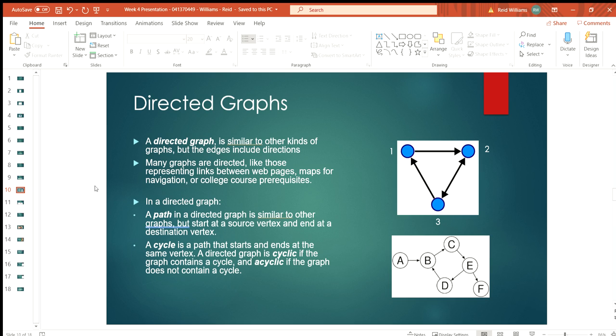And in a directed graph, a path is similar to other graphs, but starts at a source vertex, so we say 1 is a source vertex, and ends at a destination vertex, which would be 2 in this top graph here, 1 to 2. If we wanted 2 to be the start vertex and we wanted to get to 1, we would have to go 2, 3, 1. That would be the only way to get through because of the direction of 2.